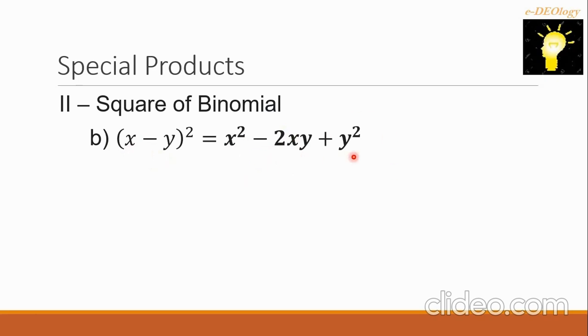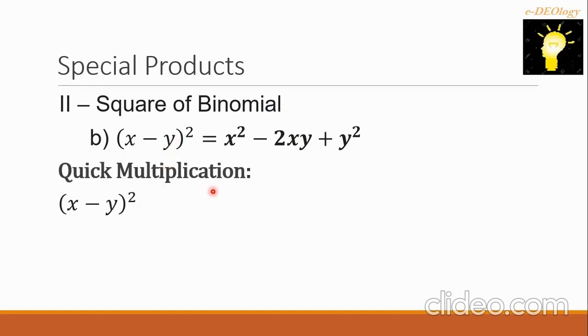And the y squared actually comes when we square a negative y. Of course, we know that negative times negative will be positive. That's why here it is positive y squared. So these are the three terms when we square a binomial like this, the difference of two terms.